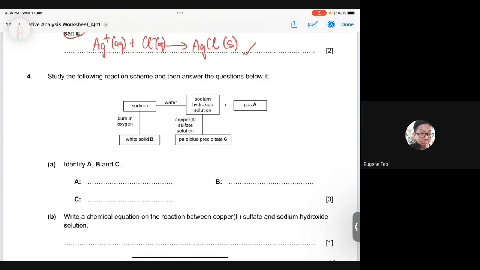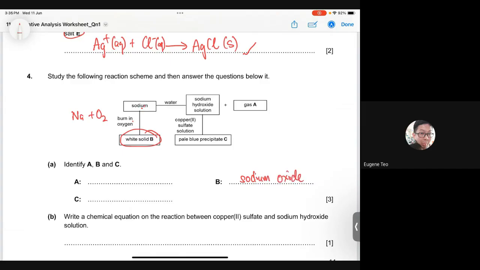So first thing, let's look at the thing here. Sodium burns in oxygen, give me white solid B. You know that sodium reacts with oxygen. So what is my white solid B? Sodium plus oxygen, what you're going to get is sodium oxide, because sodium plus oxygen, that's all you can get, right?